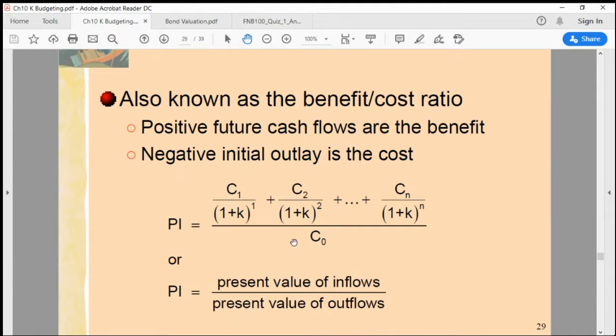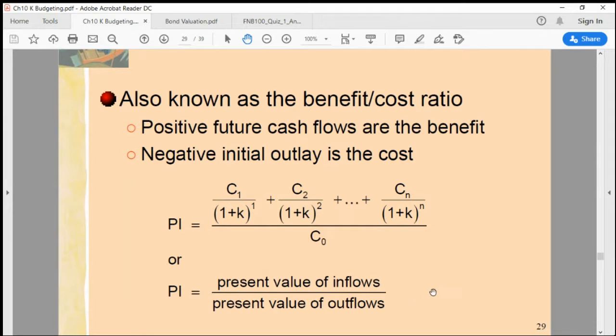So this is the ratio between present value of cash inflow and present value of cash outflow. Okay? So obviously, the ratio should be greater than 1, right? Nobody would accept the project that has a negative ratio, negative number.